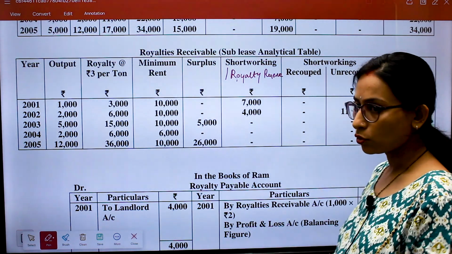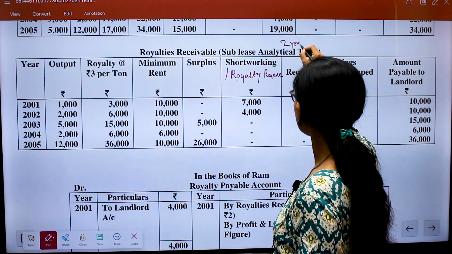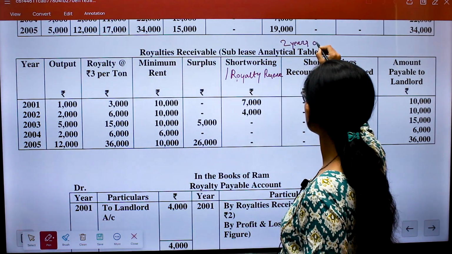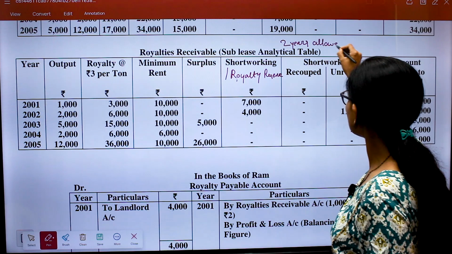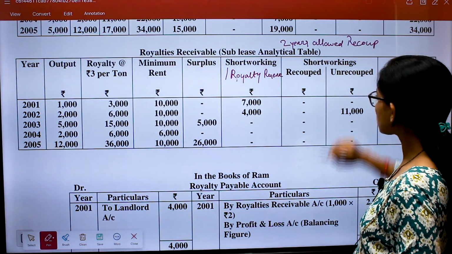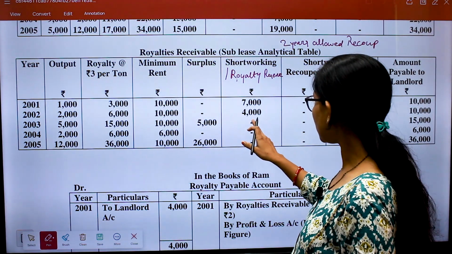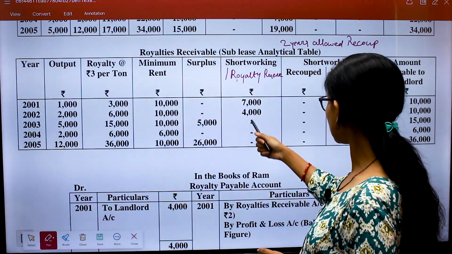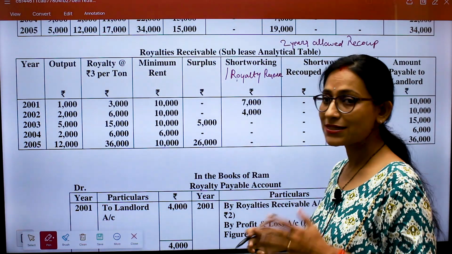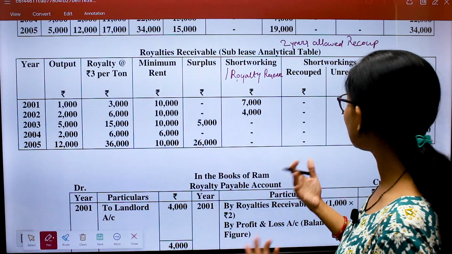And we have been told that for recoupment only 2 years are allowed. So first year this one, second year this one. So in the second year and first year, the short working is 7 plus 4, that is 11,000, and till the second year we don't have any surplus.